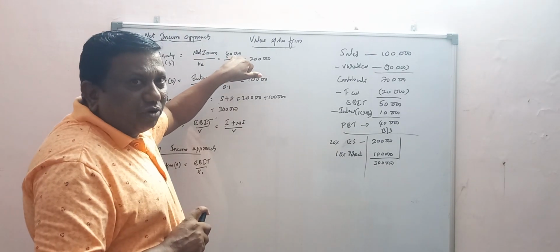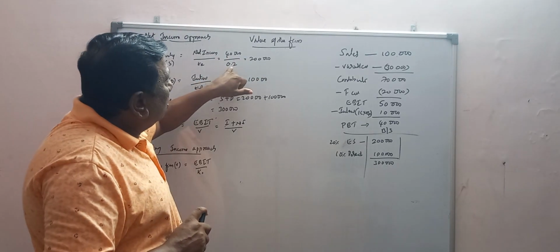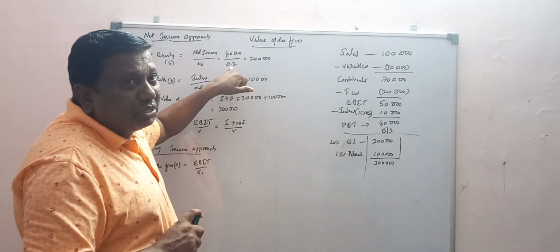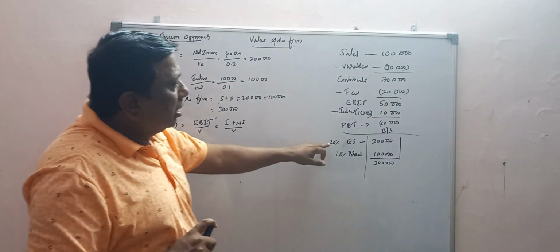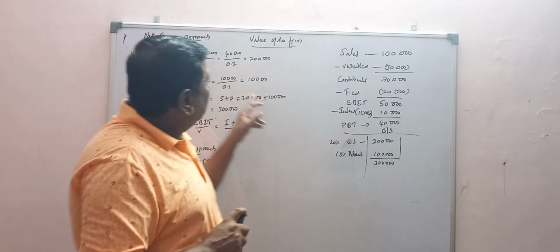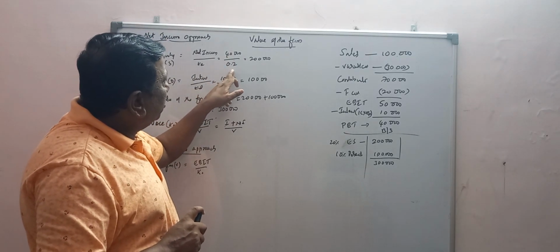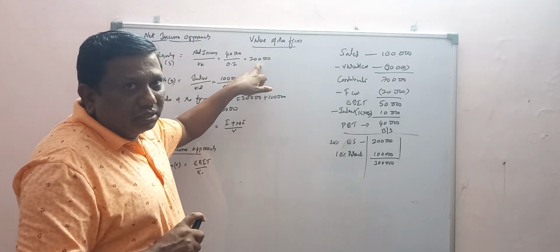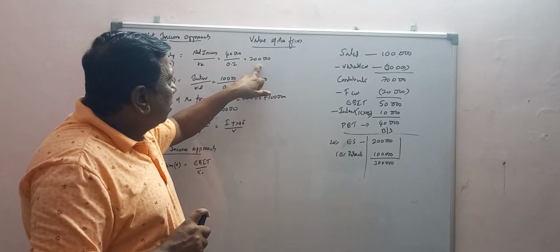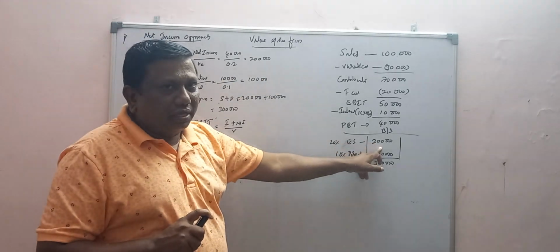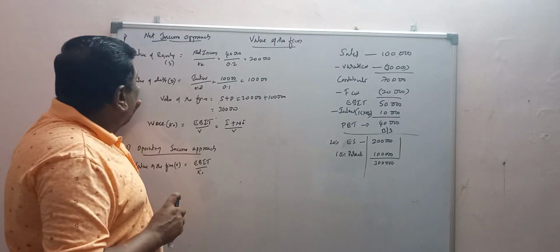The dividend rate, the specific cost of equity, I am assuming 20%, that means 0.2. 40,000 divided by 0.2 gives 2 lakh. Next, the value of debenture.